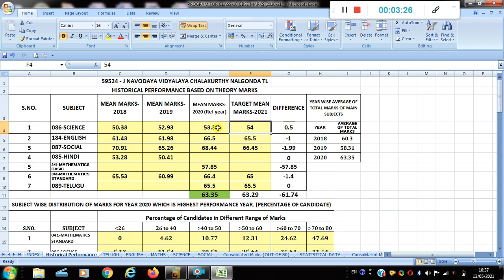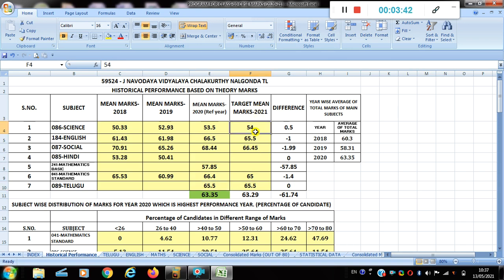Anyhow, 2020 will be my reference year, and hence the means for different subjects are as shown here. Now I am fixing the target mean marks for this particular year.